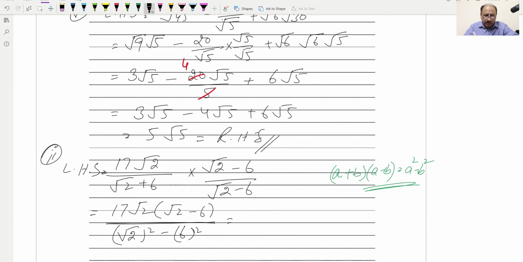what? We can multiply this, so it will be 17 under root 2 into under root 2 will be 2, and minus 17 into 6.